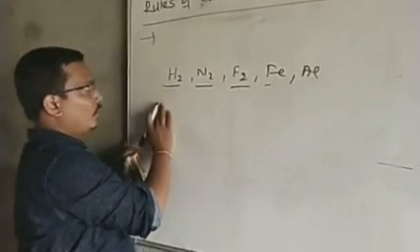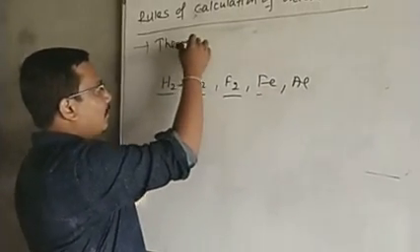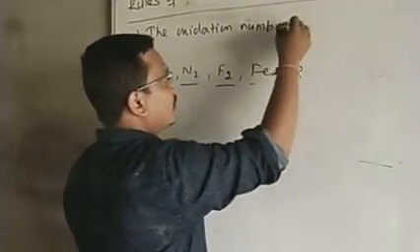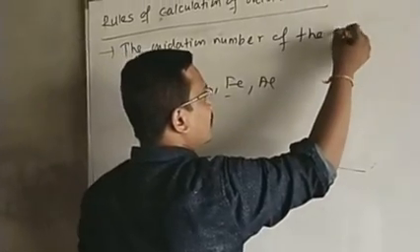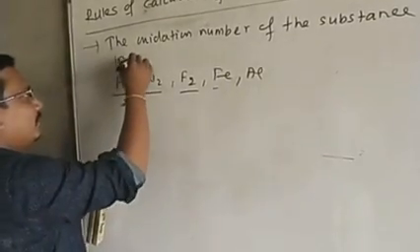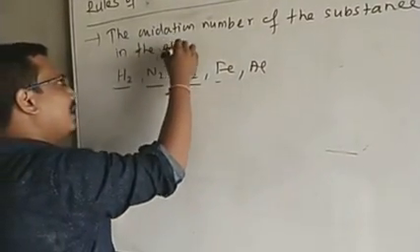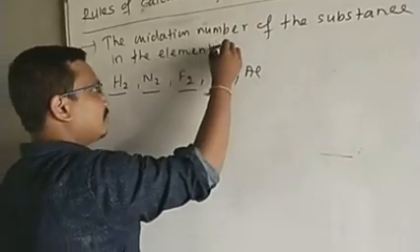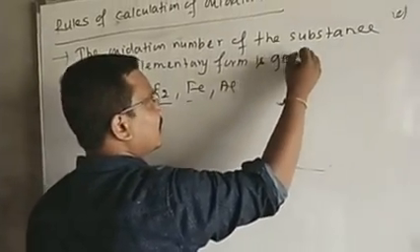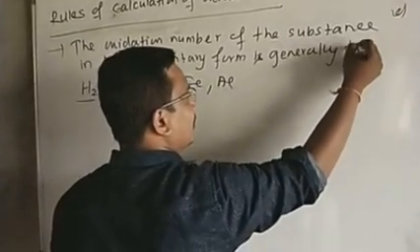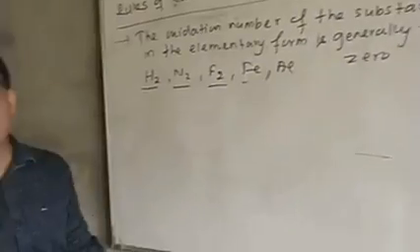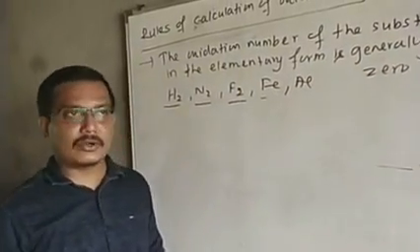So we can write a rule: the oxidation number of a substance in the elementary form is generally taken as 0.